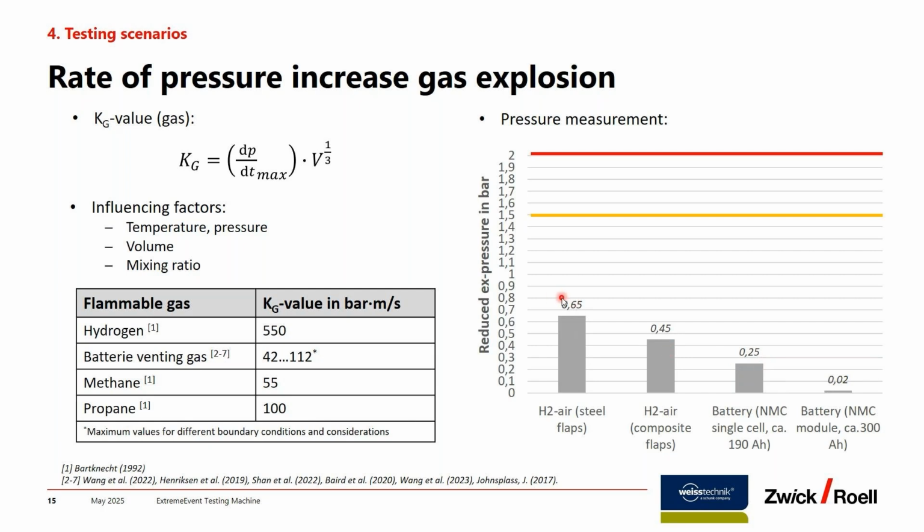So the pressure with this hydrogen oxygen mixture was much higher, and with a single battery of 190 ampere hours, the pressure was only about 0.25 bar. With the module it was less, because one battery goes first and then the other, so it was also a chain reaction.